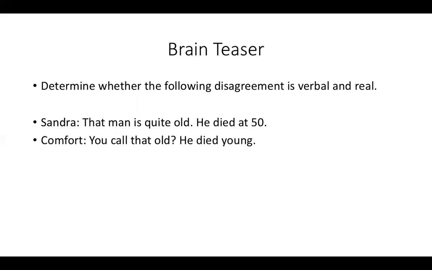So while we are at it, anyone who also has a conflicting answer can also contribute. Hello, sir. Please, can I try? Okay, go ahead. Yeah, sir. So I think it's a verbal dispute, because I don't really agree with what the other guy said. Sandra said that man is quite old, he died at 50, and Comfort replied, you call that old, he died young.